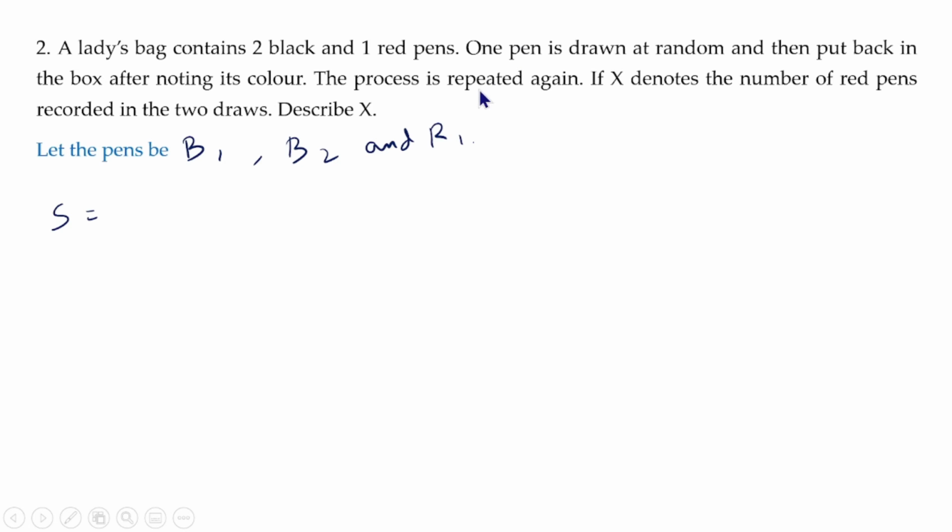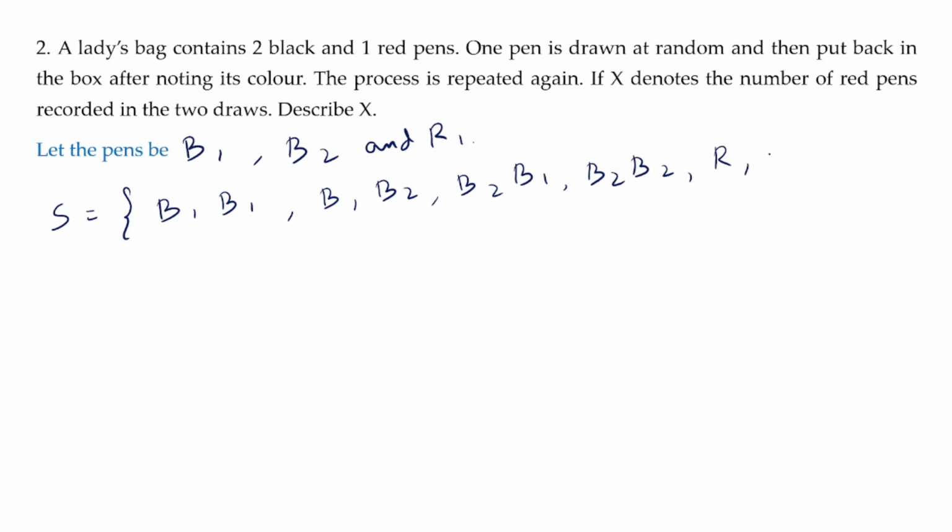So the various outcomes can be: first black pen, first black pen; first black pen, second black pen; second black pen, first black pen; both second black pen; or first red pen and first black pen, or red pen and second black pen; or first black pen then red pen, or second black pen red pen, or both can be red pen. So these are the various outcomes of this random experiment.